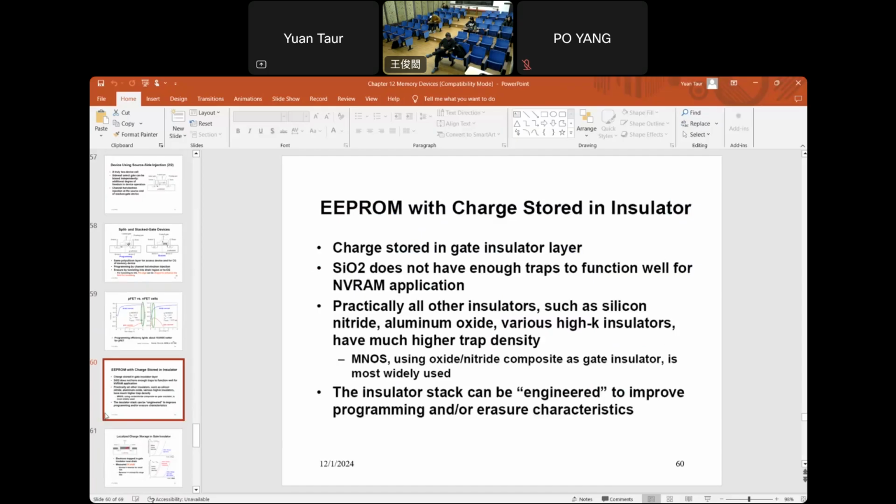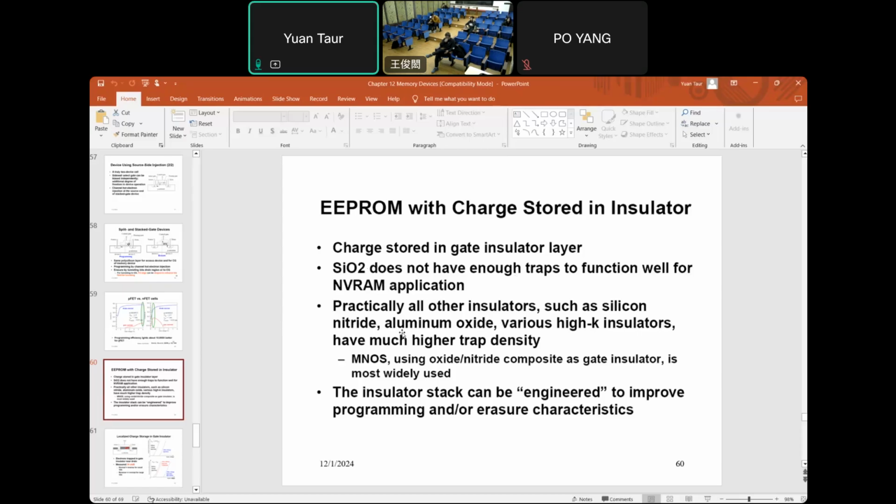Okay. Another type of EEPROM cell is with charge stored in the insulator, and SiO2 does not have enough charge density in the film to trap the charge for this memory application.